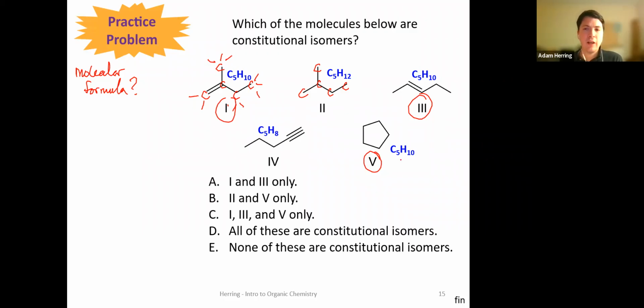It's harder to tell that 5 is directly related to molecules 1 and 3 as well, but it turns out that forming a ring in an organic molecule has the same effect as making a double bond. And so molecules 1, 3, and 5 all have the same molecular formula, but different arrangements of their atoms. Therefore, they are constitutional isomers.